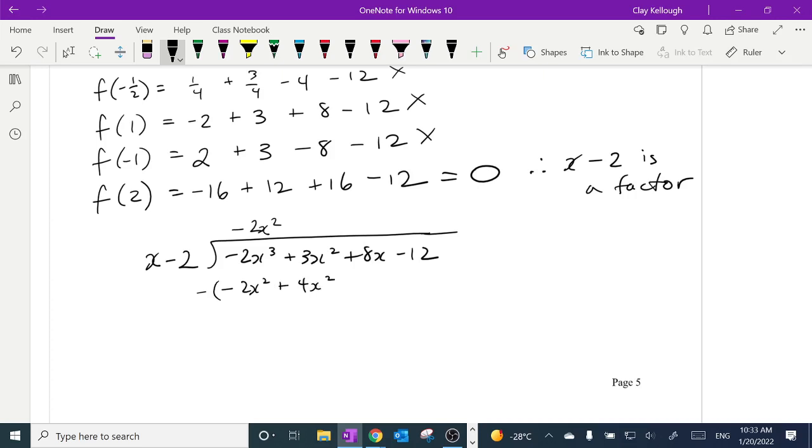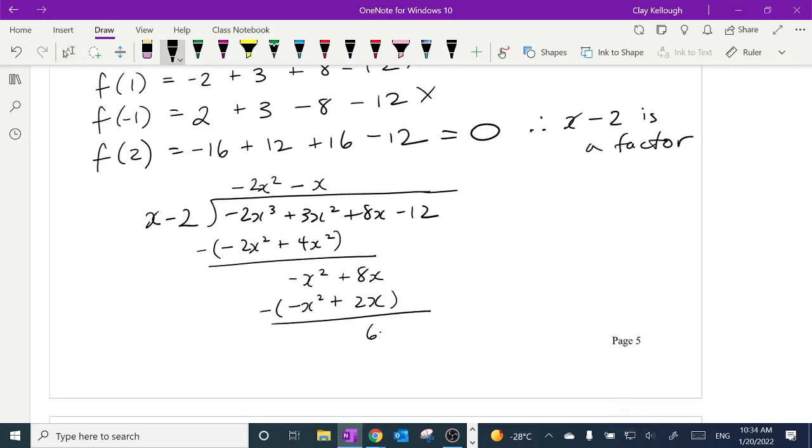And then I subtract. So 3 of these minus 4 of these is negative 1 of these. Bring down 8x. I'd have to multiply x by negative x to get to negative x squared. And that gives me 2x for my other term. I'm subtracting that.